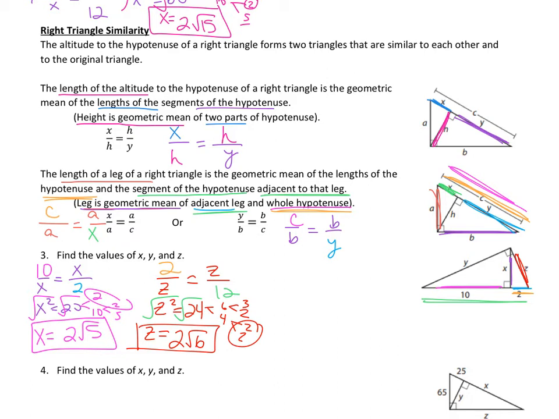Now I want you to set up what you are going to do to solve for y. What you should have set up for your y is that y is the geometric mean of 2 pieces. So it's the geometric mean of the closest leg and the whole hypotenuse, which would be 12 again. Then you should have solved and gotten y squared equals 120.